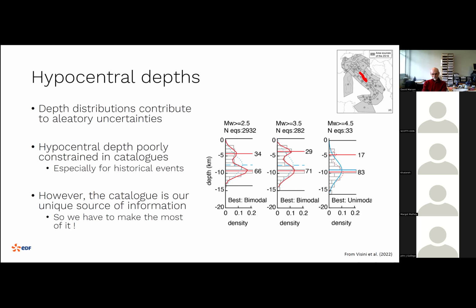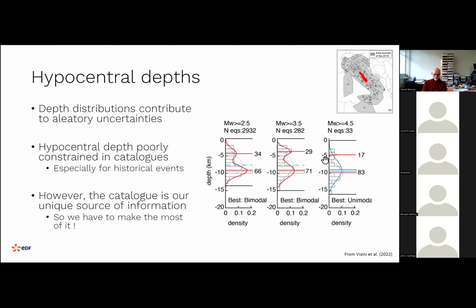And what I find interesting in this picture is that they try to make the most of their catalog and to constrain these depths from the data itself. But not all catalogs have such a nice distribution of hypocentral depths.